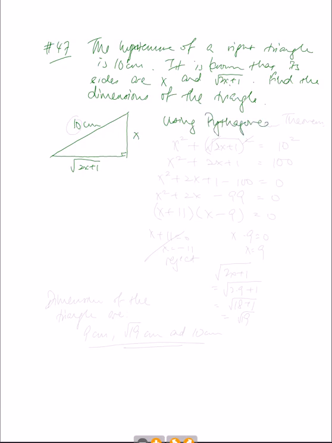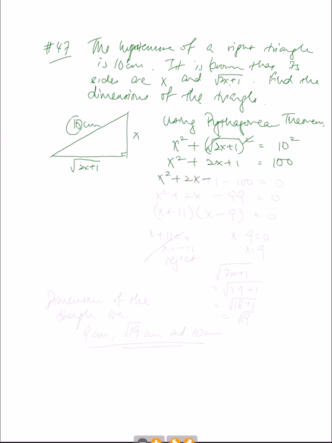So using the Pythagorean theorem, those are your two legs, x squared and square root of 2x plus 1 all squared, is equal to 10 squared. Okay, so that's your Pythagorean. So x squared plus, the square root cancels, leaving you with 2x plus 1, and that's 100.